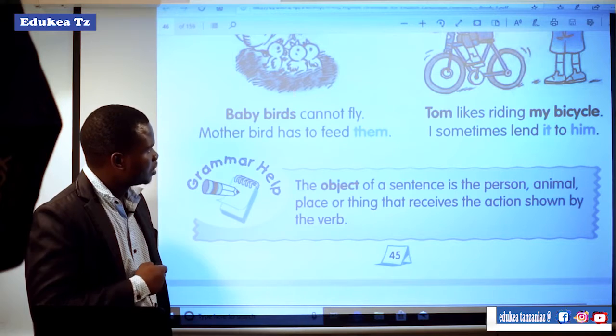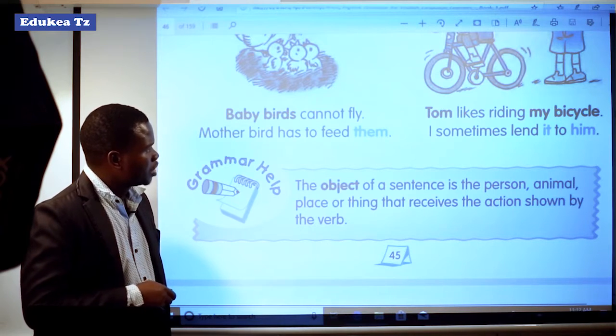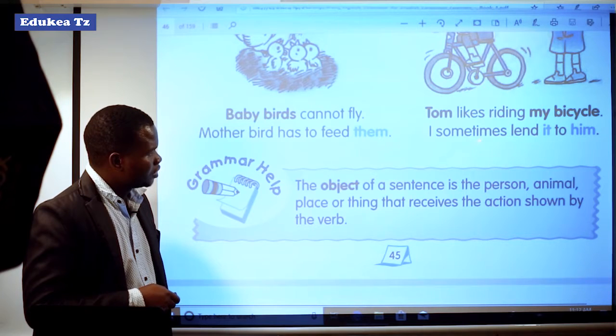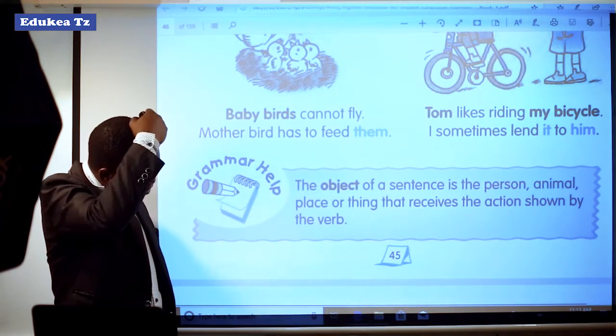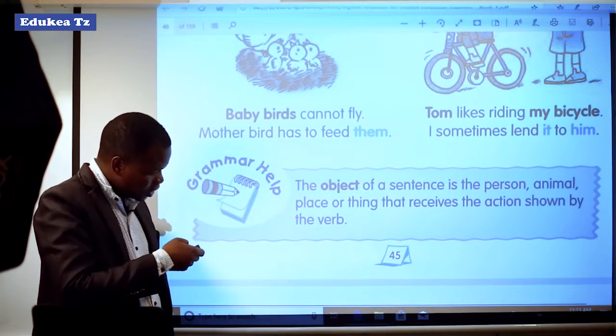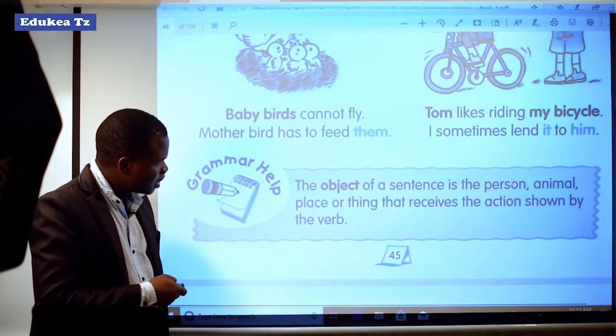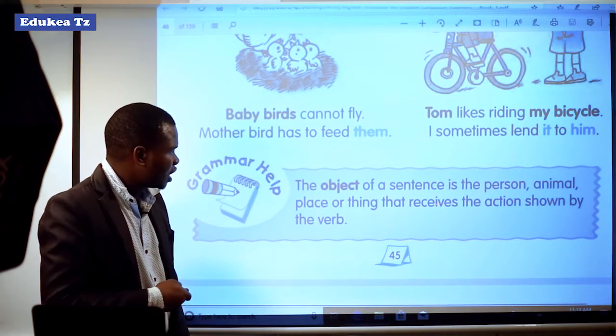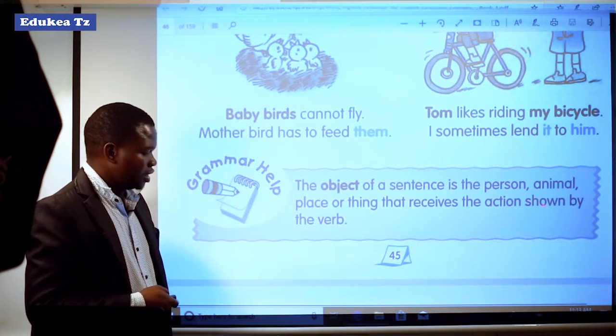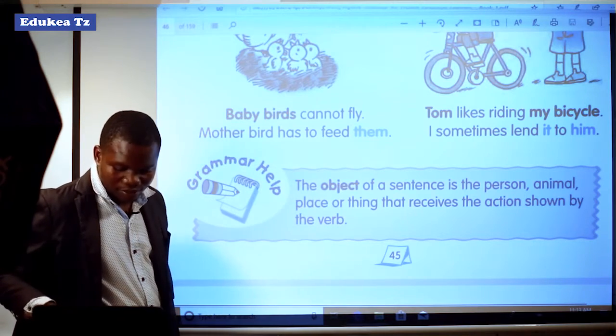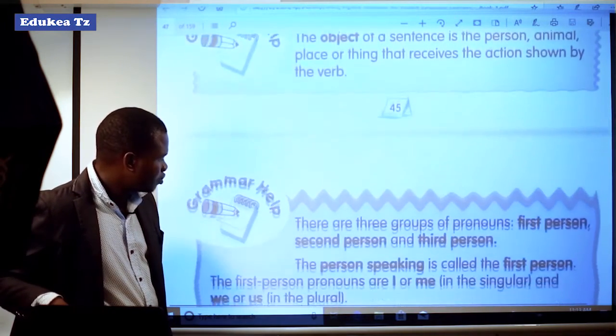Tom likes riding my bicycle. I sometimes lend it to him. So even him and them are also pronouns in the objective. The object of a sentence is the person, animal, place, or thing that receives the action shown by the verb. This is the object.